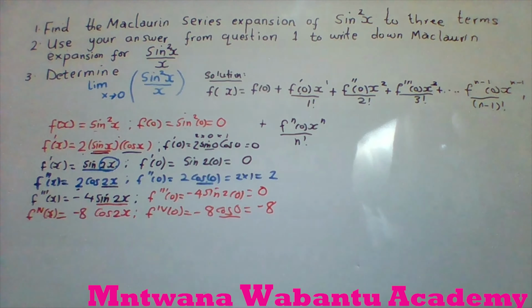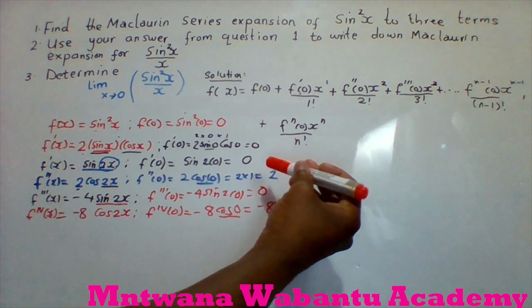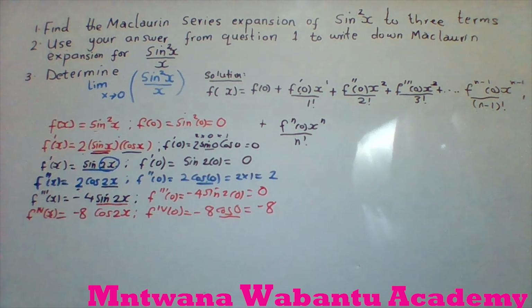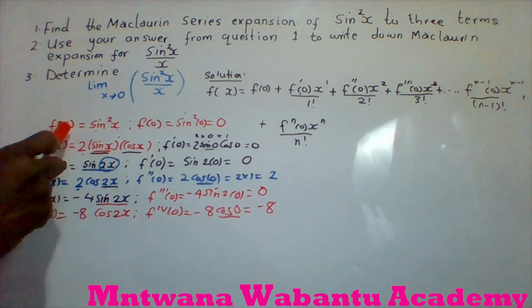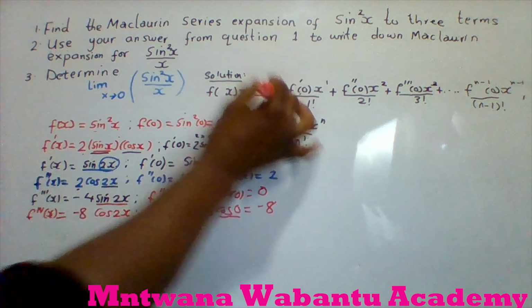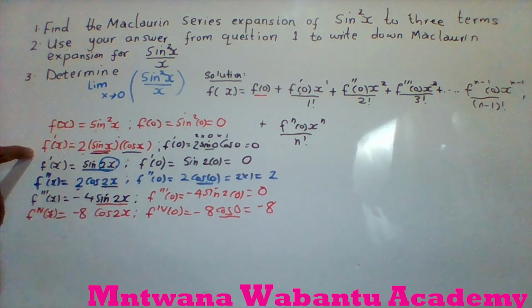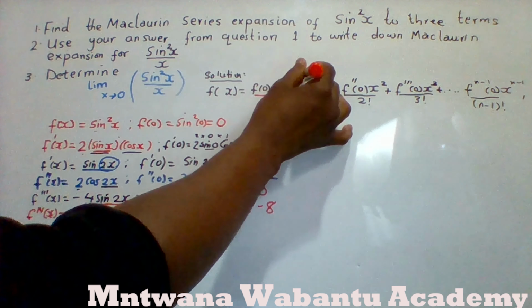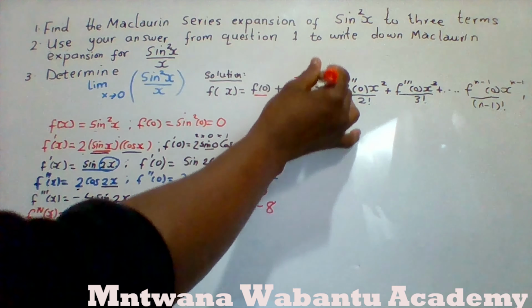How many terms? You want 3 terms. So to get 3 terms, look for the numbers that are not 0, the ones which give an actual number. This is not going to give you a term, because f of 0 equals 0, so everything is going to be 0, and 0 times anything is going to be 0.